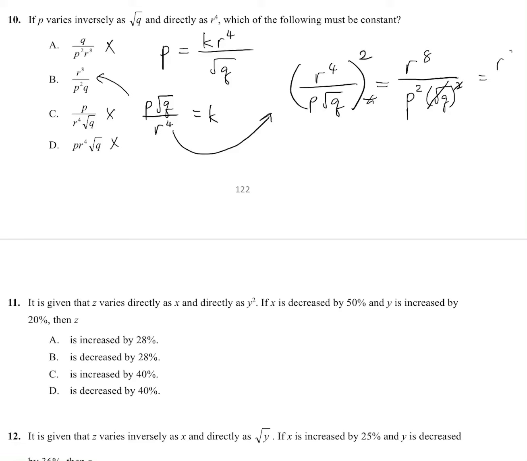So actually it's r to the power of 8, p square and q, which is the answer you see in B. So actually they've done both flip and what we call power up.